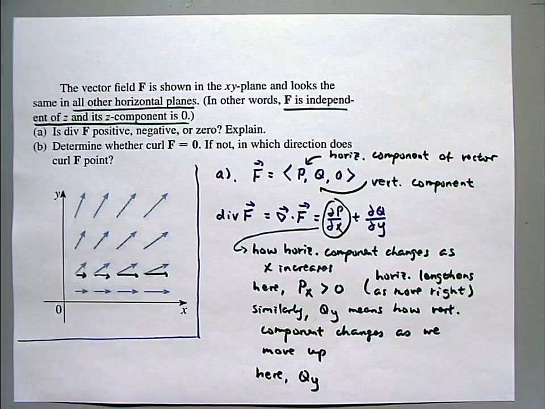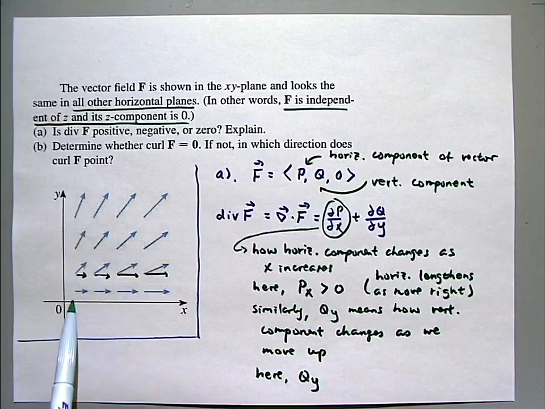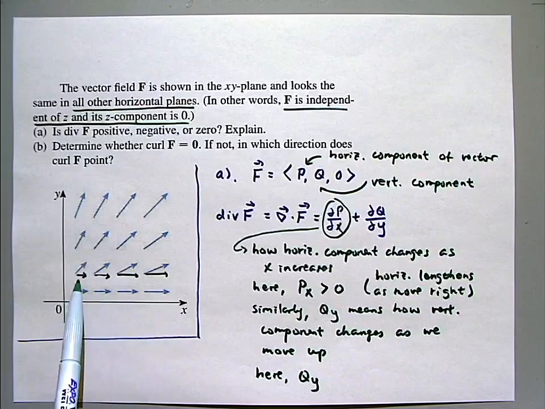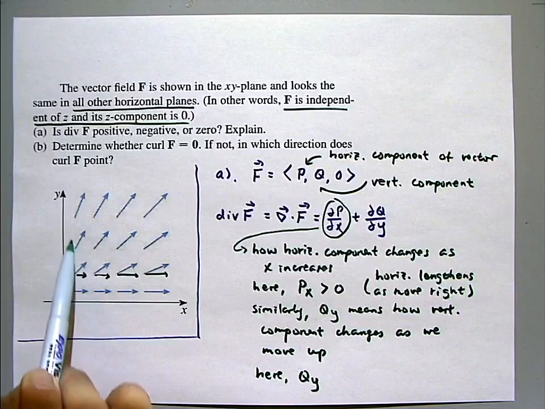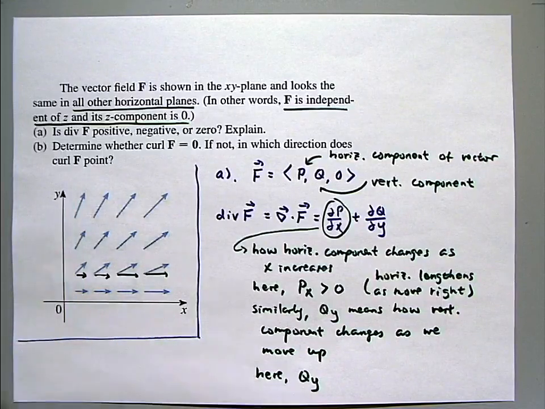Now looking at this picture here, would you say Qy is positive, negative, or 0? Positive, right. So the first level has no vertical component. As I move up, I have some. As I move up again, it gets bigger and bigger, right? So the vertical component is lengthening as we move up.